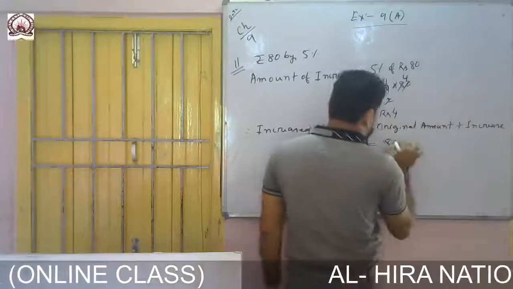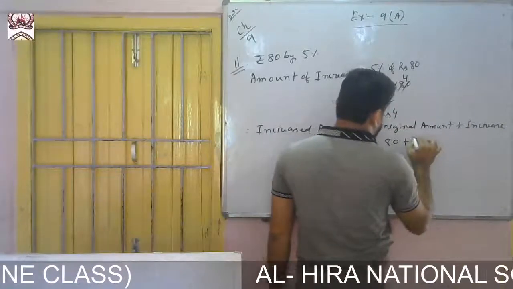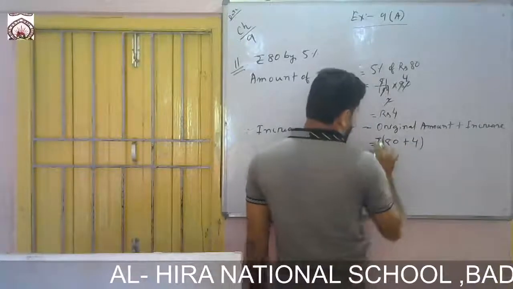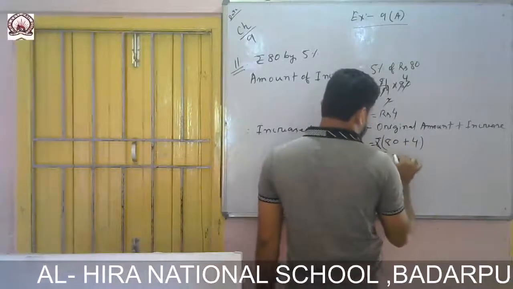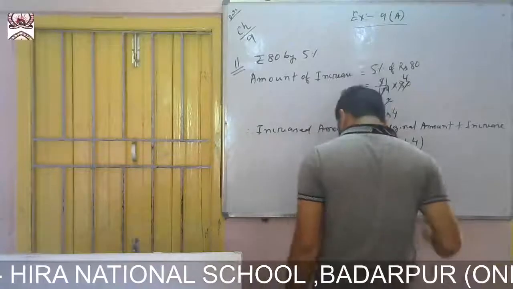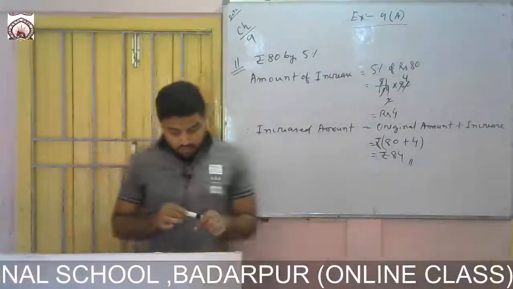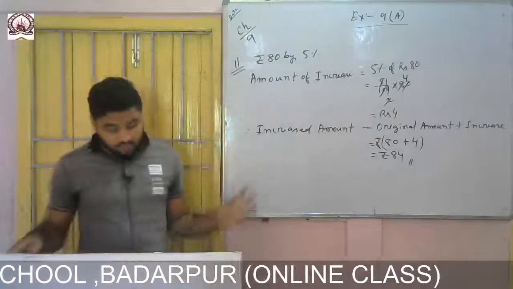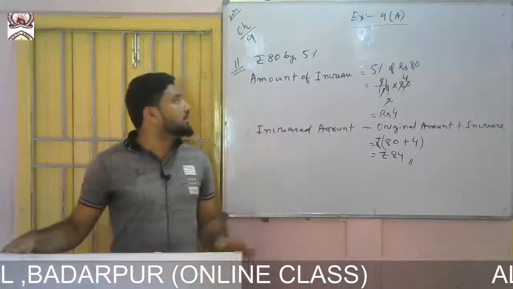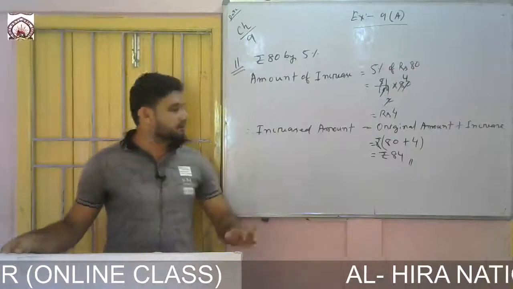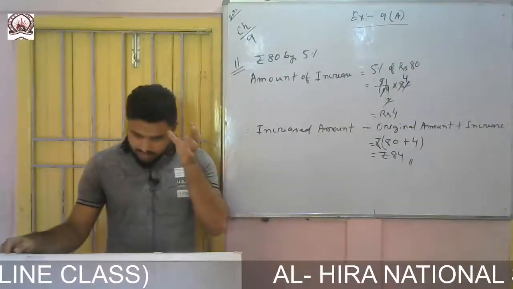It will be rupees 80 plus 4, rupees 84. So this is how rupees 80 increased by 5% is rupees 84.